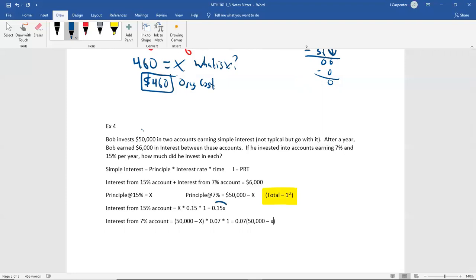So this is the interest amount from the 15% account. This is the interest amount from the 7% account. That's going to get plugged into here and here. That will then be set equal to the 6 grand.